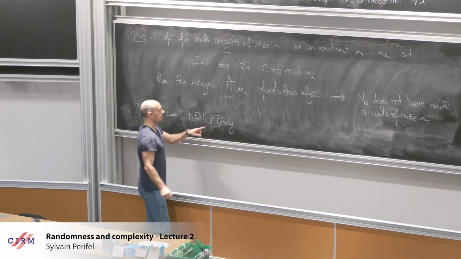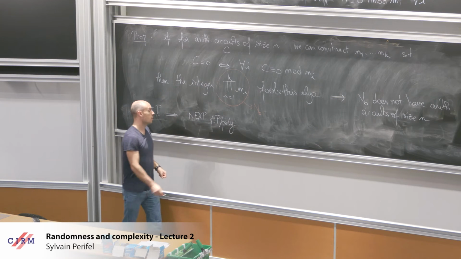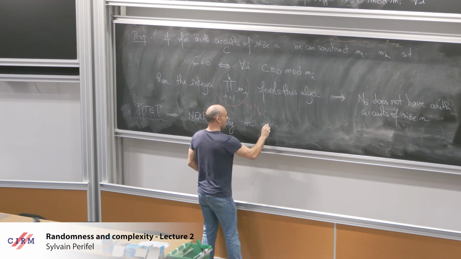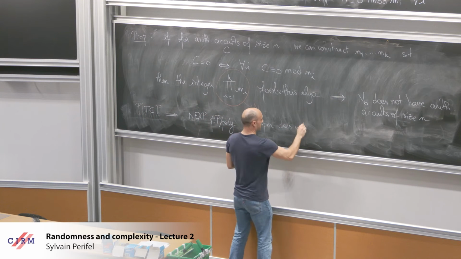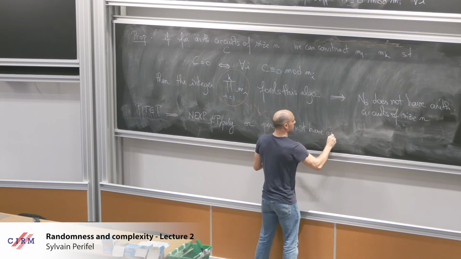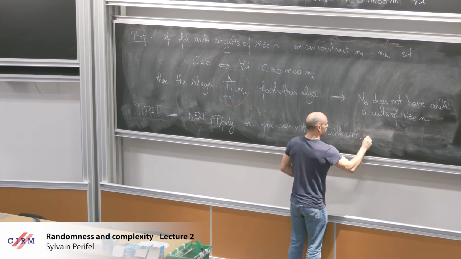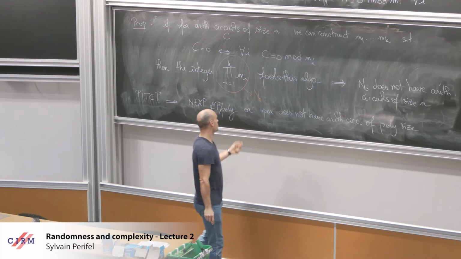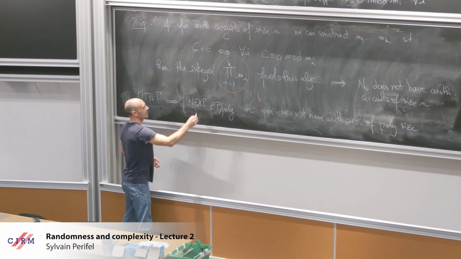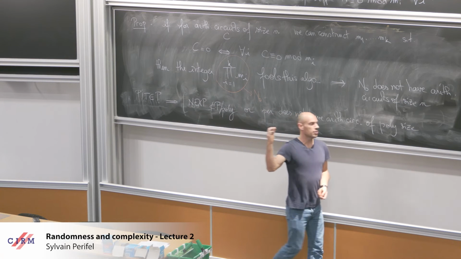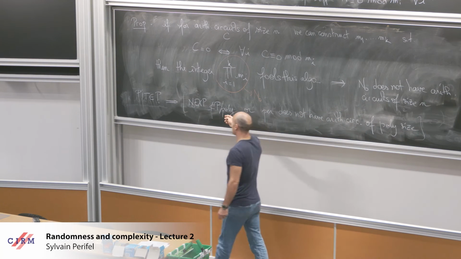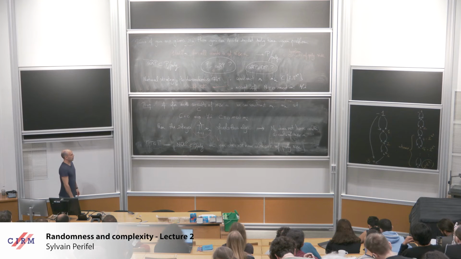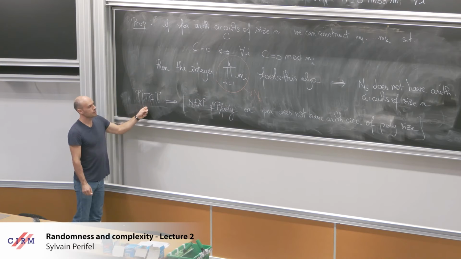Okay, so a lower bound on the circuit size for NEXP, or on the permanent, so I won't say what it is, or the permanent does not have arithmetic circuits of polynomial size. Okay, so this is kind of a strange lower bound here, but this is the best we can do so far. If you can de-randomize, then you have a kind of lower bound on circuits. So this is not an easy result, actually. This is Impagliazzo and Kabanets who've shown that.